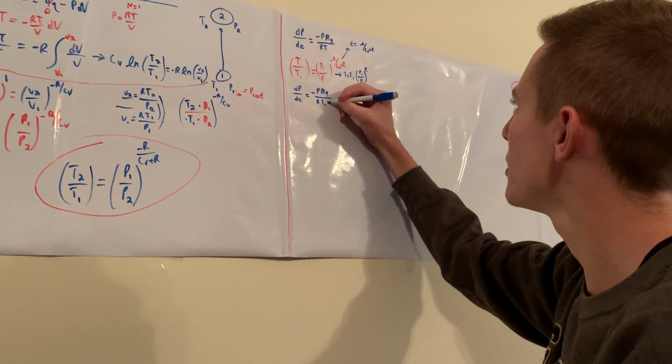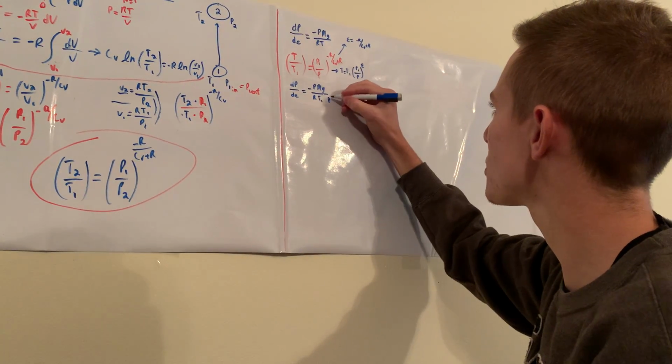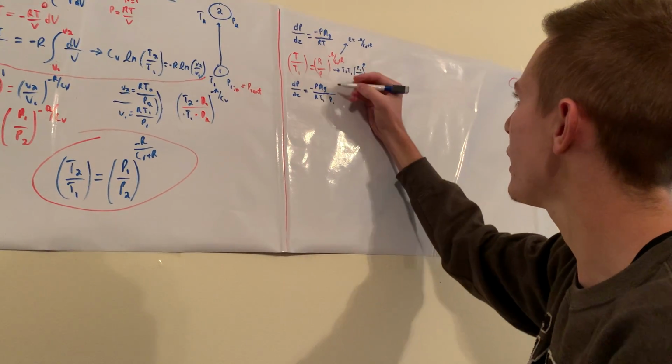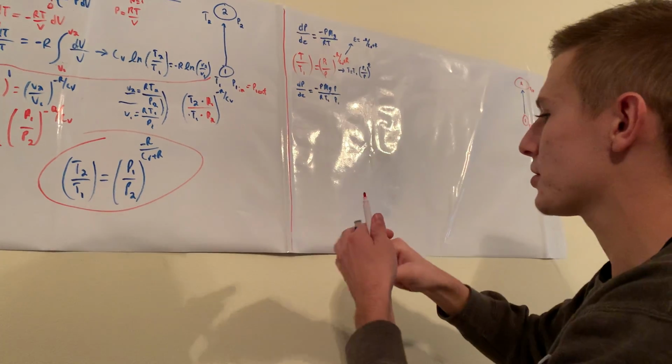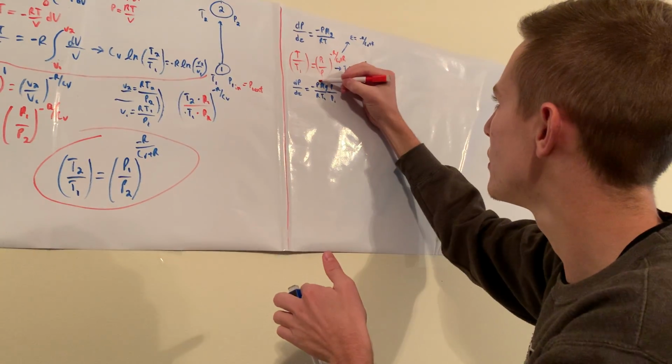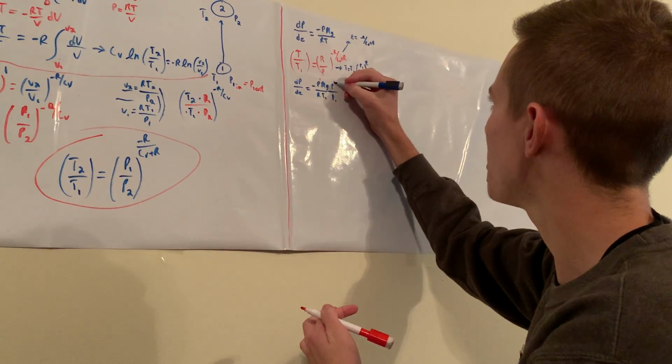So we can put P initial on the bottom, and bring P final to the top. This is to the first power, and this is to the epsilon power.